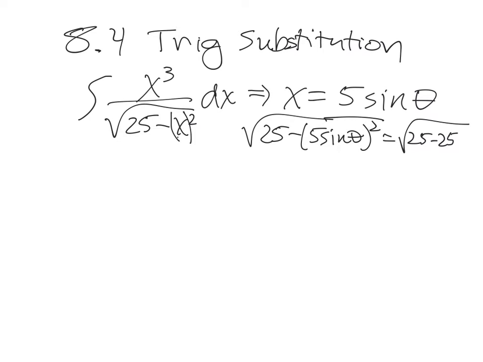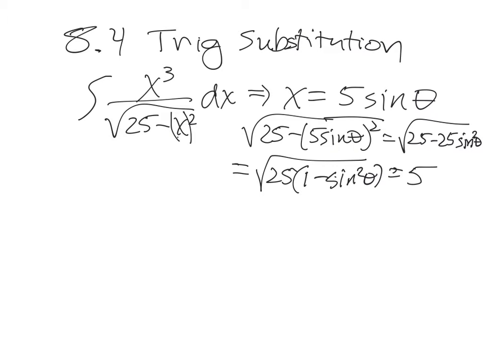squaring the 5, we get 25 times sine squared, and then factoring out the 25, well, square root of 25 is 5. 1 minus sine squared theta is cosine squared theta. Square root of cosine squared theta would be cosine theta.